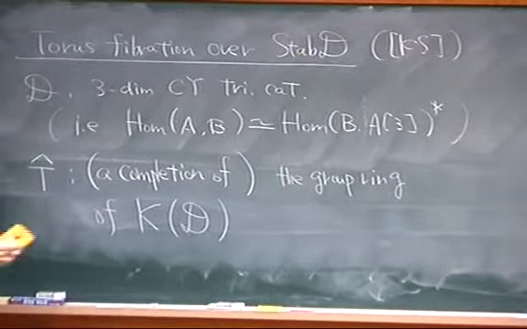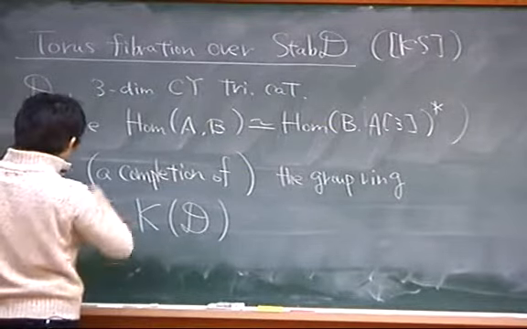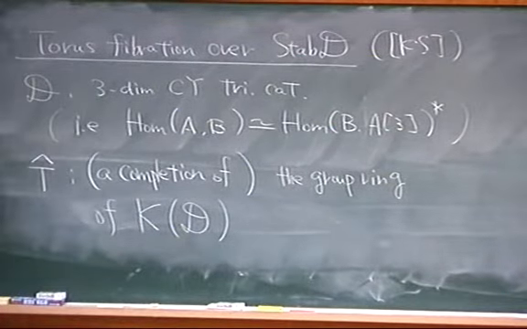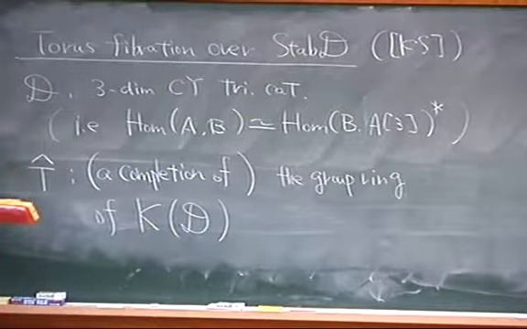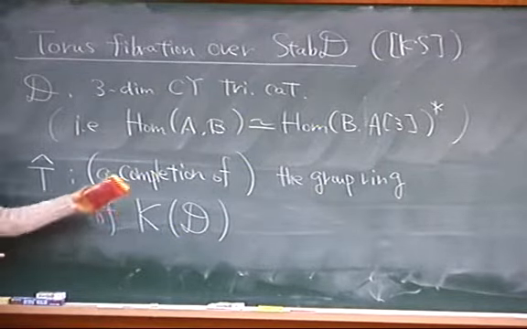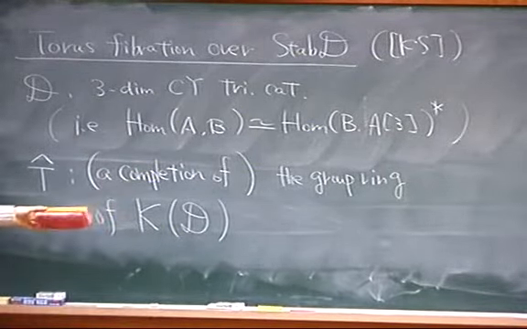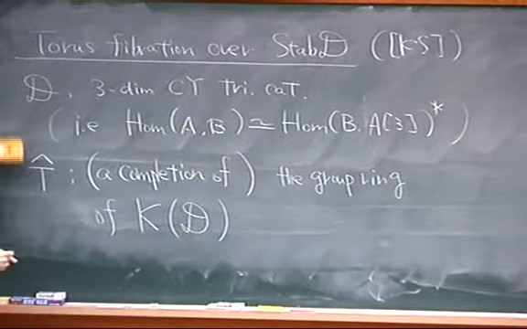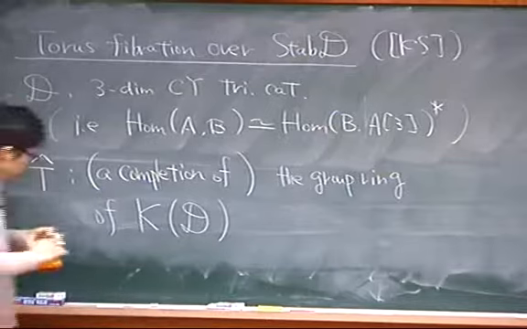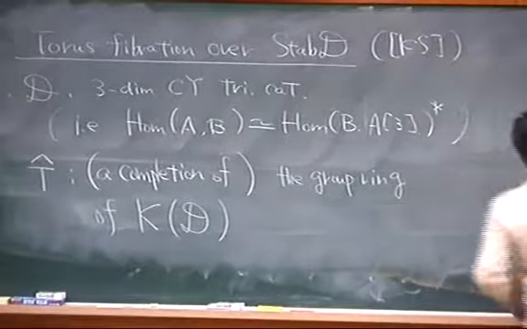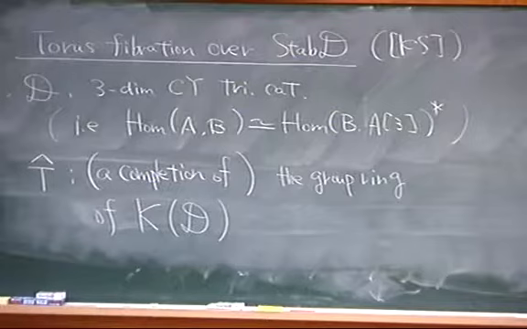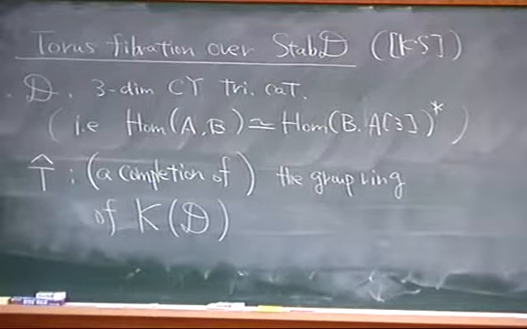So T hat, we can interpret this as a coordinate ring of a torus. So given a triangulated category, we can associate a torus, and we would like to construct a torus fibration over the space of stability conditions in the following way.